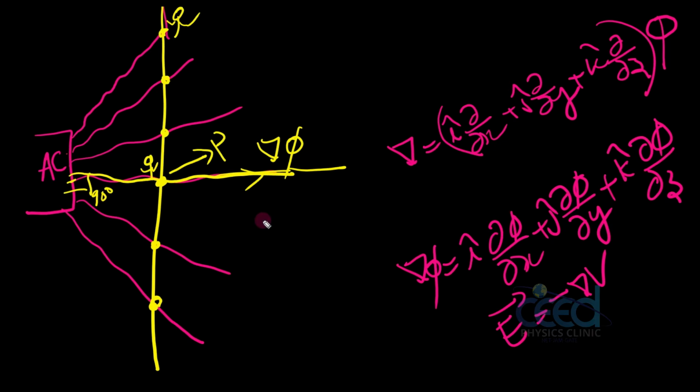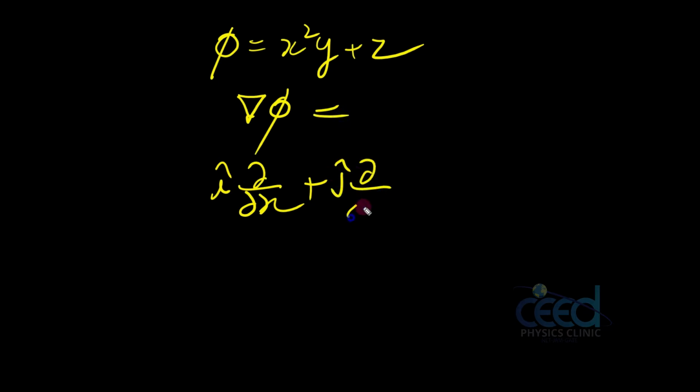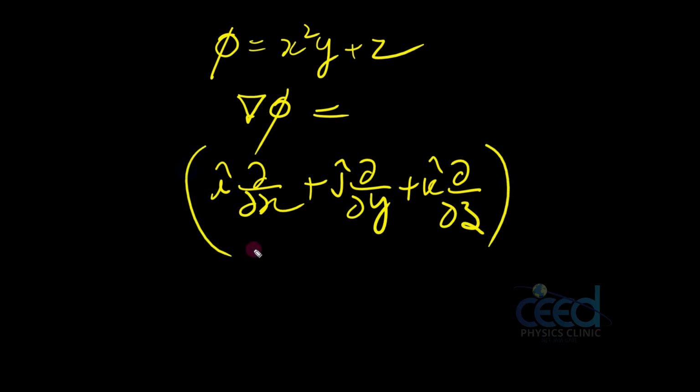To calculate the gradient of phi, suppose you want the gradient of the function x square y plus z. Gradient phi is i cap dou by dou x plus j cap dou by dou y plus k cap dou by dou z operating on phi, so I substitute phi as x square y plus z.